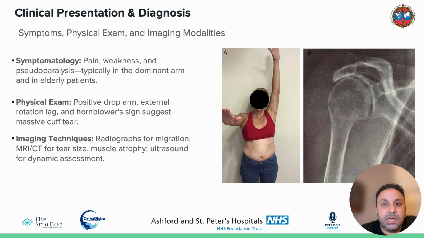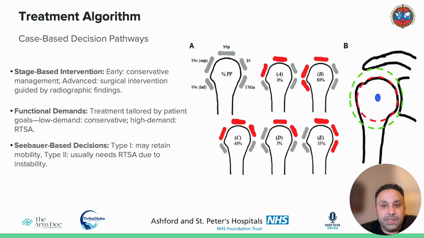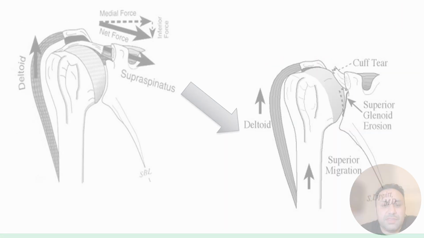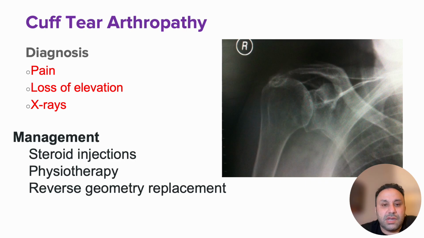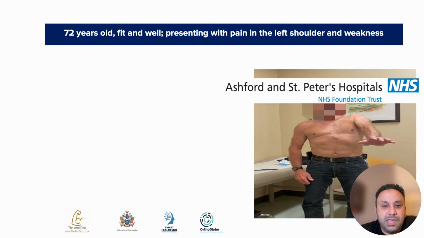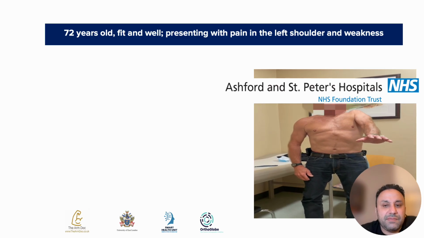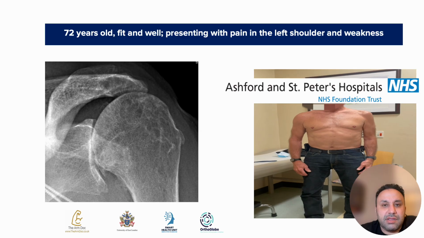These patients will present to you usually as elderly patients with progressive pain, shoulder weakness, and pseudoparalysis, which is an inability to actively elevate the arm despite a passive range of motion. There are different treatment options for these patients, and obviously, the treatment can start with physiotherapy, steroid injections, and eventually a shoulder replacement.